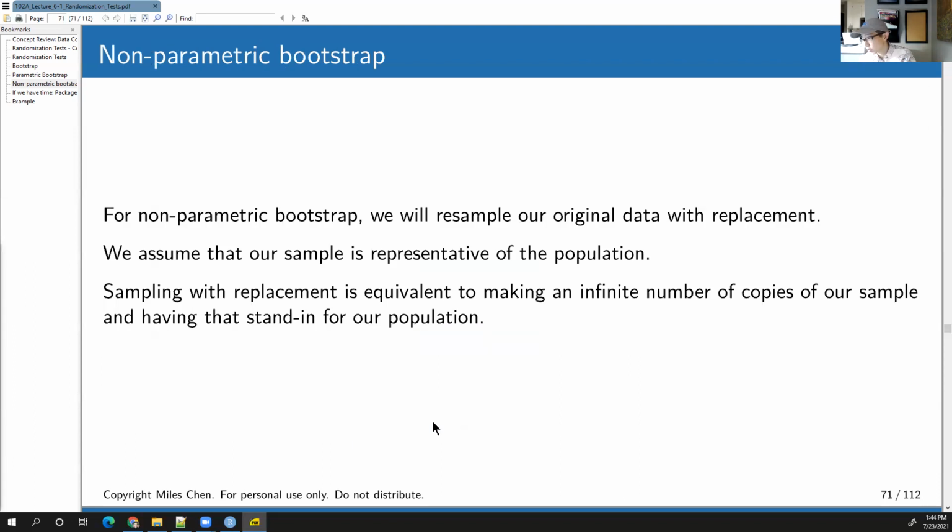But what we can also do is apply non-parametric bootstrap. Okay, non-parametric bootstrap. So here we are assuming that our sample is representative of the population. What that means is that we can take our sample, make infinite duplicates of it, and have that as a stand-in for our population.